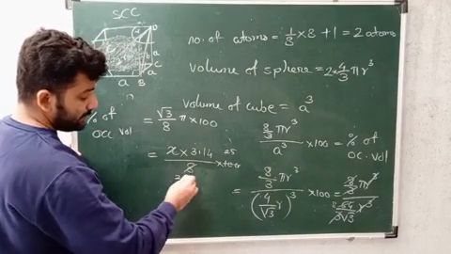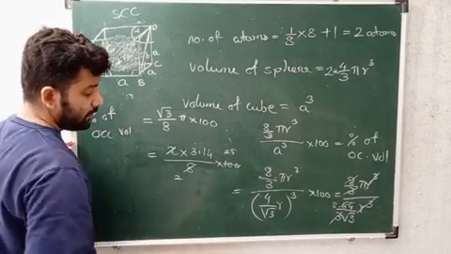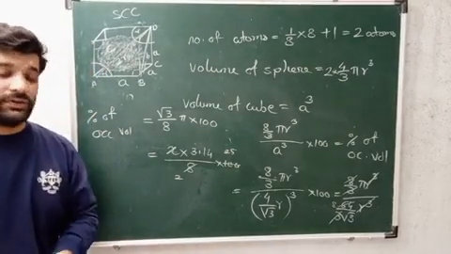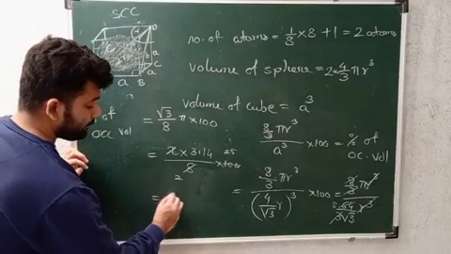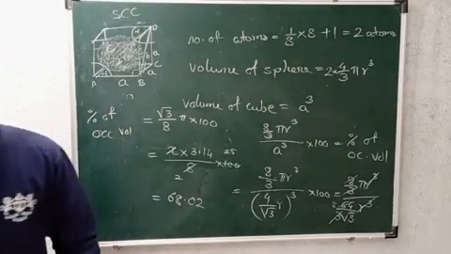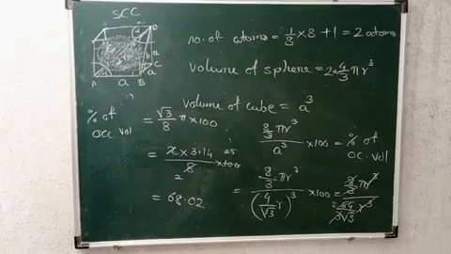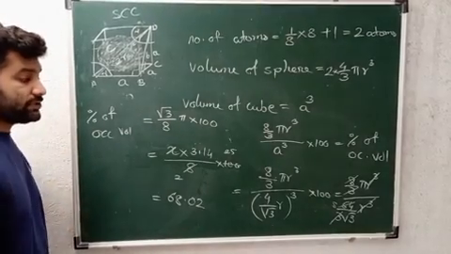You can then further divide it and simplify it with the help of log. You can go on dividing and you will get the final answer as 68.02 or 68.04%, which is occupied.